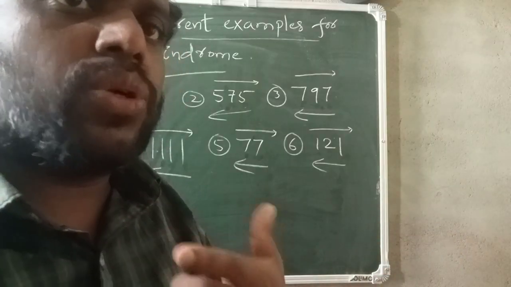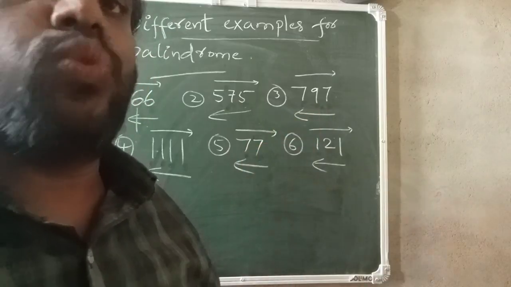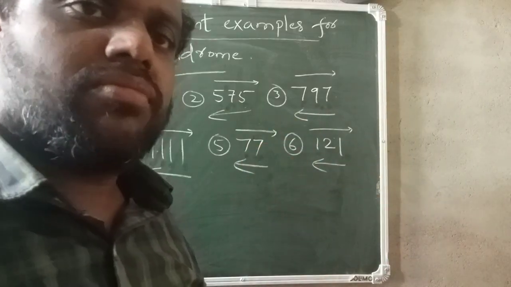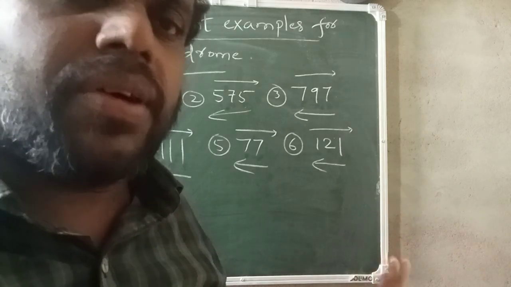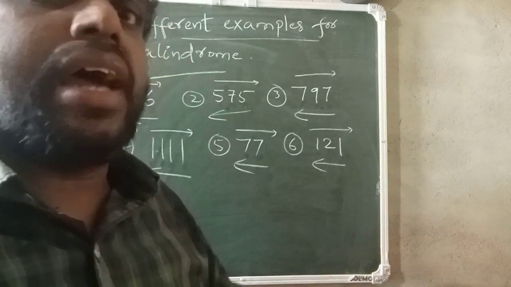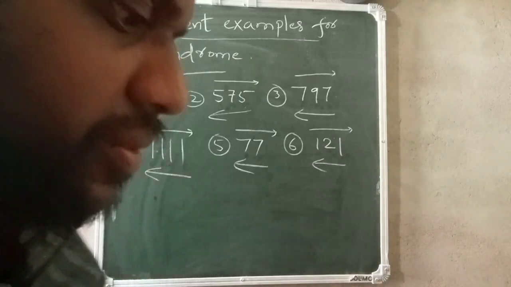The tone is there, no? The tone is the same in both directions. That means the number reads the same in both directions. So that's why it is a palindrome.